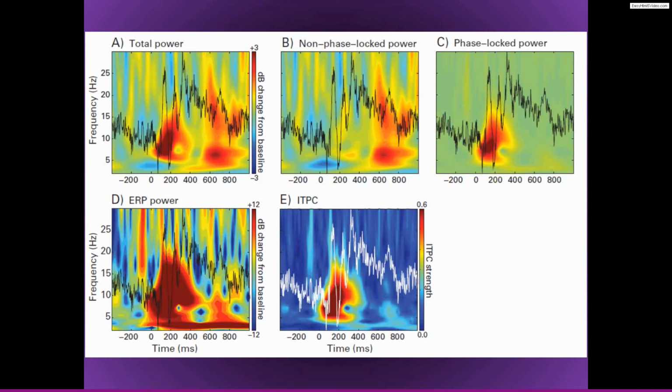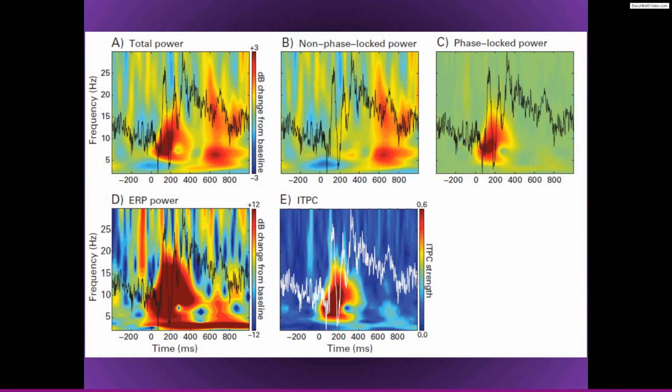You might be wondering why you would want to do this analysis and why you would want to separate the phase locked from the non-phase locked parts of the signal and just disentangle that out of the total signal. To be honest, in my opinion, it doesn't really make a lot of sense in most cases to make this distinction.